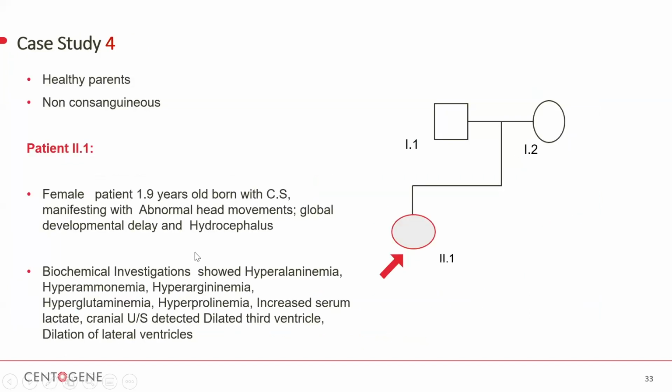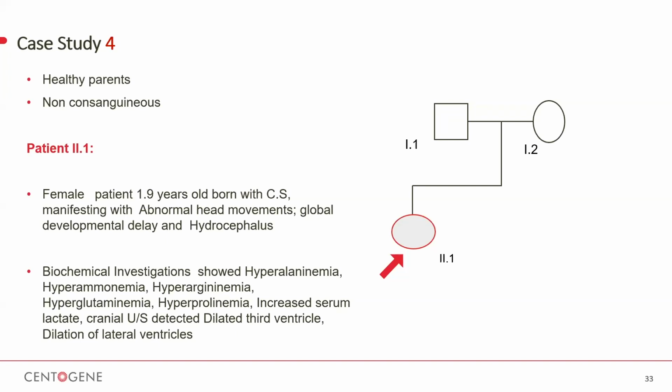The fourth case is for healthy, non-consanguineous parents who also had a female patient, 1 year, 9 months old, born by cesarean section, manifesting with abnormal head movement, global developmental delay and hydrocephalus. Biochemical investigation showed hyperlysinemia, hyperammonemia, hyperarginemia, hyperglutamatemia, hyperprolinemia, and increased serum lactate.